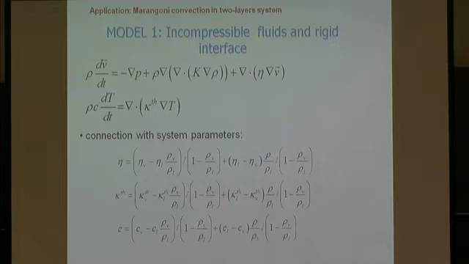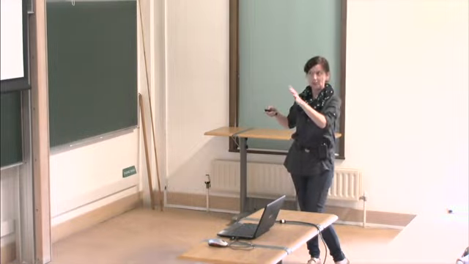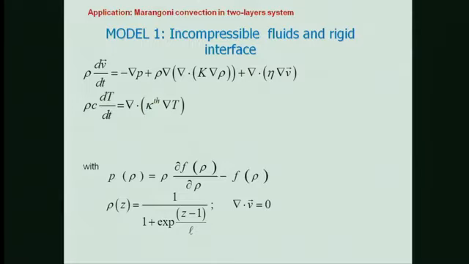The parameters eta, the dynamic viscosity, the thermal conductivity, and the specific heat are assumed linear functions of the density. We are in the case of incompressible fluids, so we work with the condition divergence V equals 0. In place of the velocity, we have worked with the stream function. And the profile for the density remains constant in time. So we have the interface at the middle.